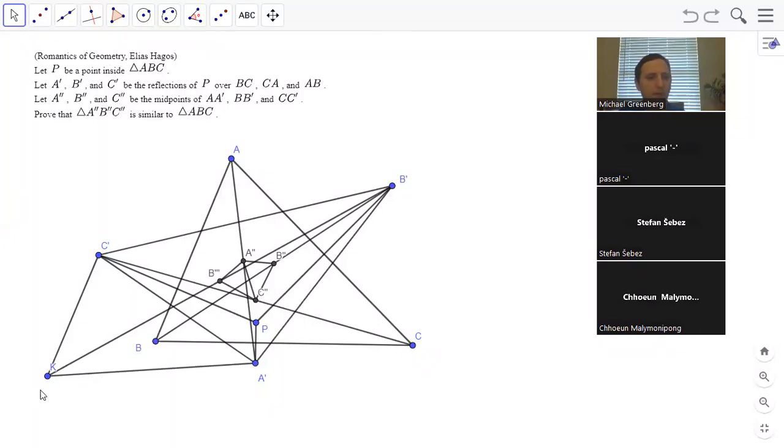So yeah, we could define K to be the point that makes ABC similar to C prime K A prime. And then we could try to show the collinearity. It's kind of weird, but it's one way to try to do it.